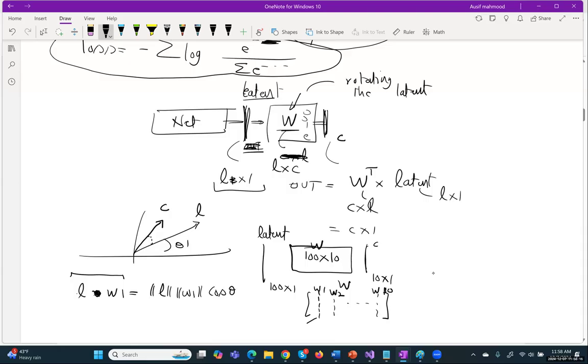So if both are unit vectors, then as we are multiplying this latent, isn't it creating the cosine of the angle between the two vectors?